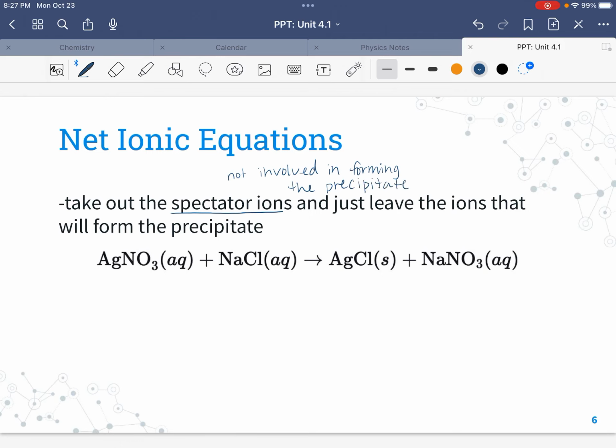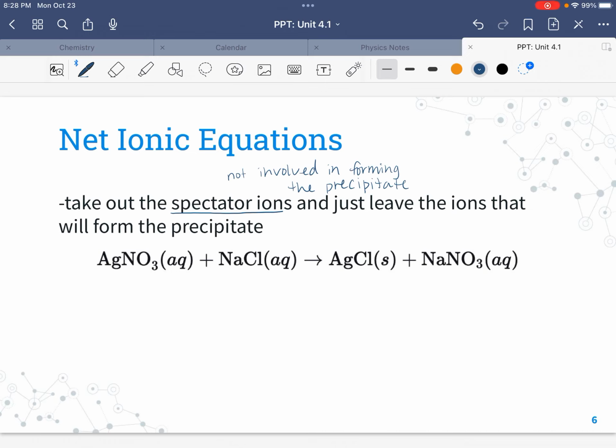So these are going to remain as ions in the solution. They're not going to precipitate out. So basically, they are not involved in a chemical reaction, because remember, we have different signs of a chemical reaction, one of them being the precipitate.